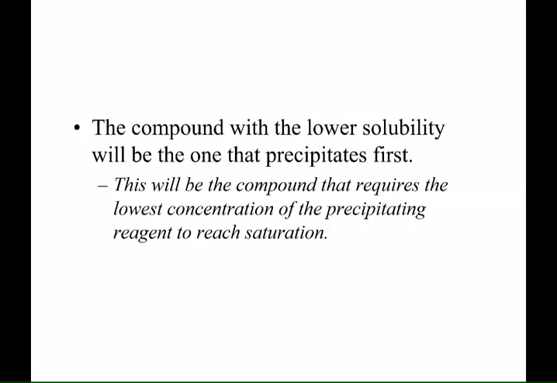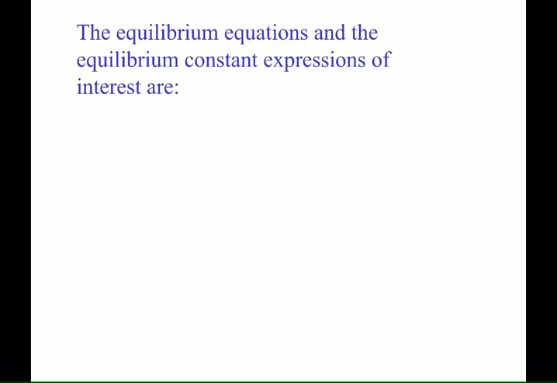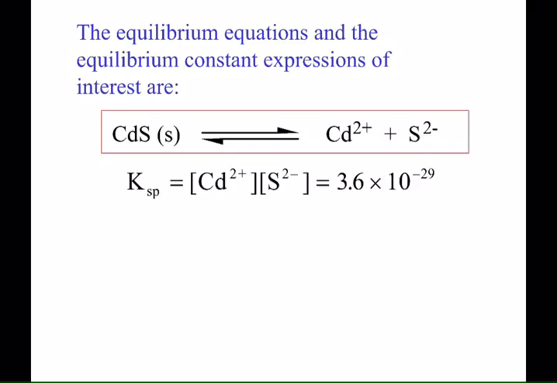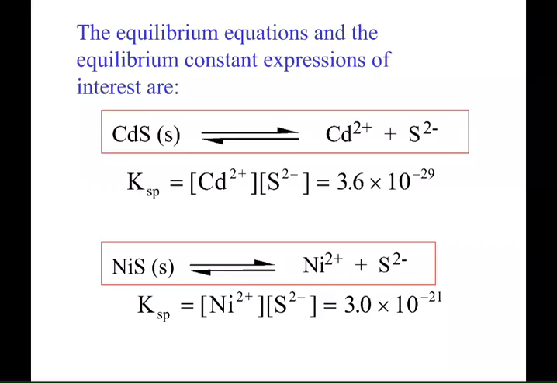All right. So the compound with the lower solubility will precipitate out first. What I would do if I was doing this, not so surprisingly, is make analogous equilibriums for both insoluble salts. You cannot go wrong.